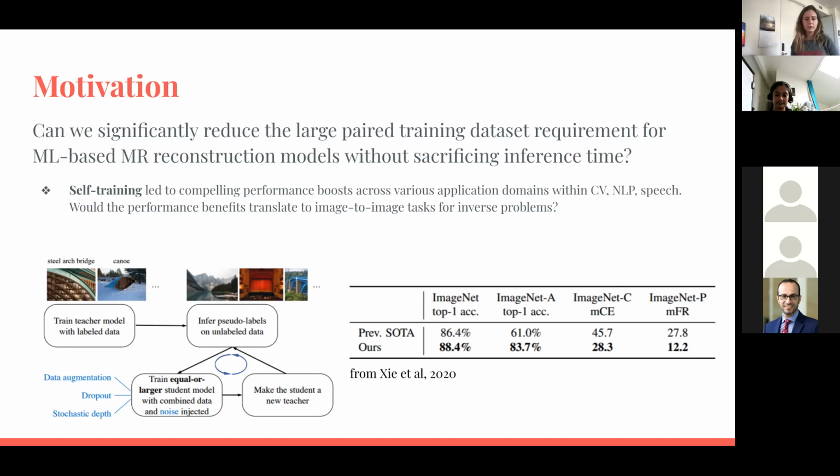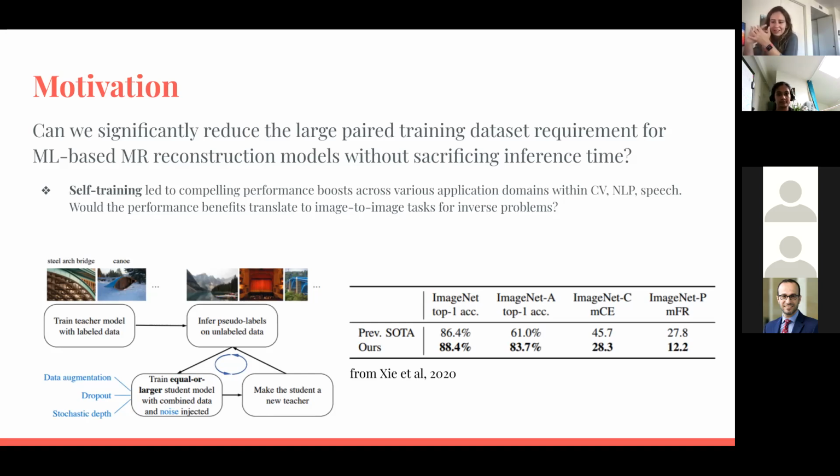Essentially, if you have some labeled data, but a lot more unlabeled data, which is exactly the regime we want to operate in, you train, quote unquote, a teacher model with the labeled data you have, then you infer pseudo labels on your unlabeled data, and then train an equal or larger student model with the combined data that can or cannot be noise injected. Then you make that student your new teacher and you just keep iterating.